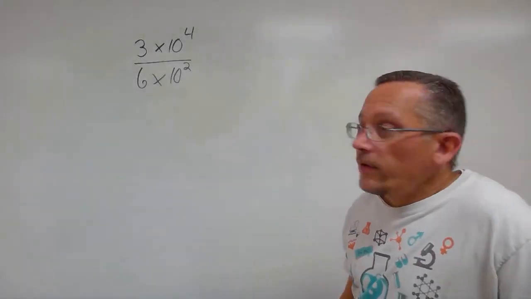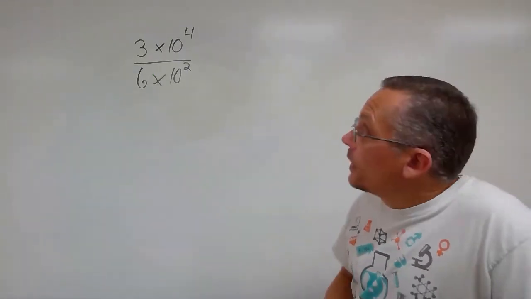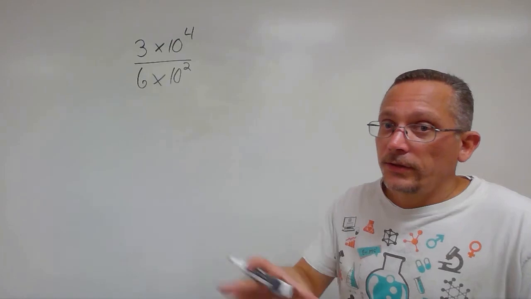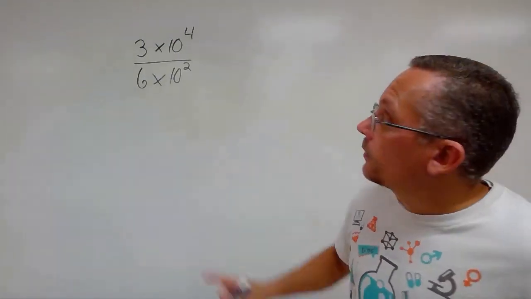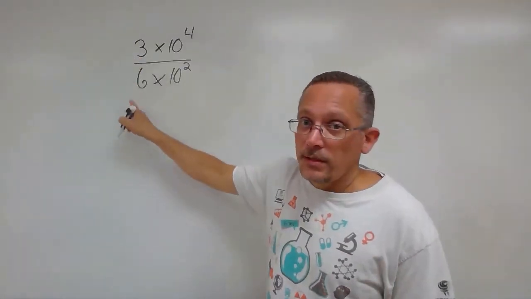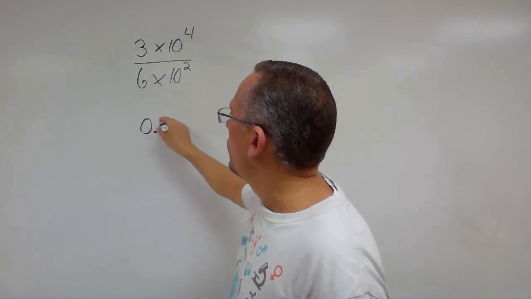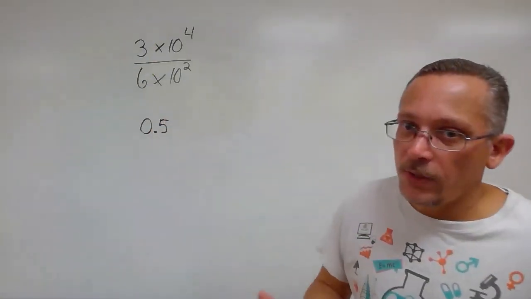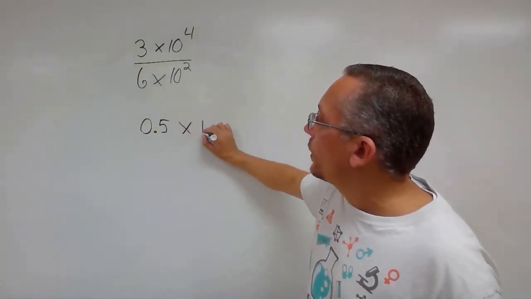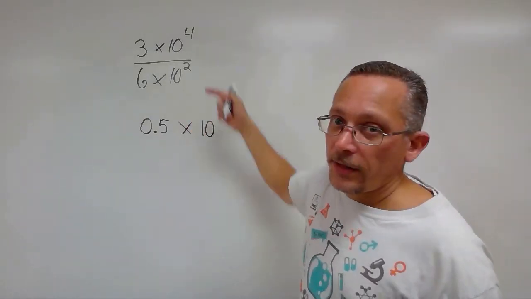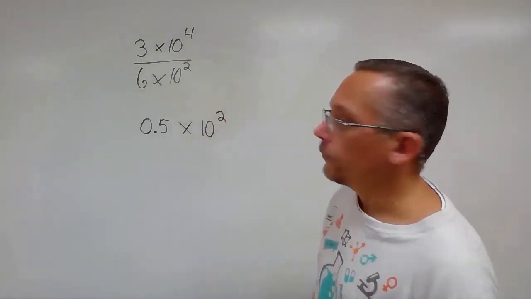Okay, here's some numbers being divided. I have 3 times 10 to the 4th divided by 6 times 10 to the 2. So let's divide these numbers, and there's another thing we have to watch out for. Okay? So first I'm going to divide the number parts. 3 divided by 6, which is 0.5. 3 over 6 is 1/2, so 0.5. Okay? And then when you divide, what we're going to do is we're going to subtract our exponents. So we have 4 minus 2, which is 2.